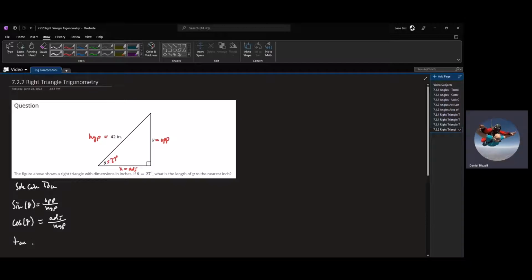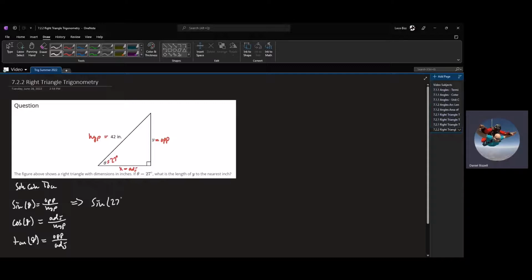And our tangent of theta is our opposite over our adjacent. So now we need to figure out which one of these trig functions will allow us to solve for this y.